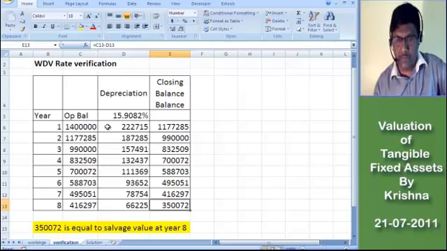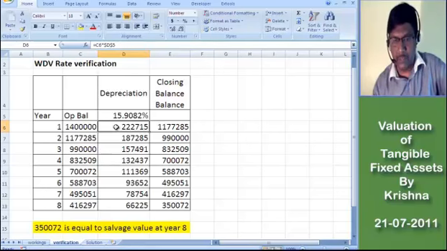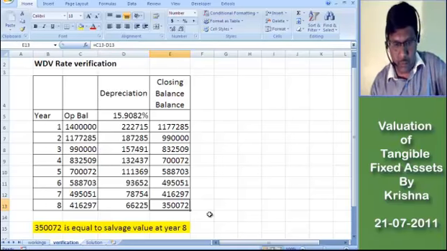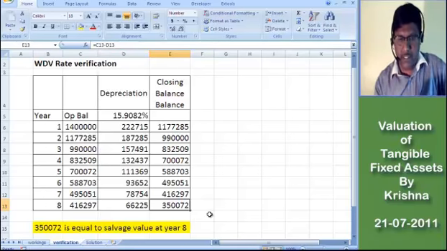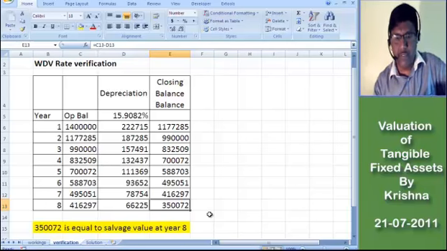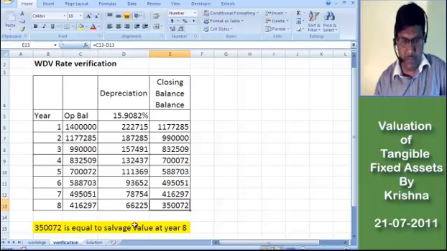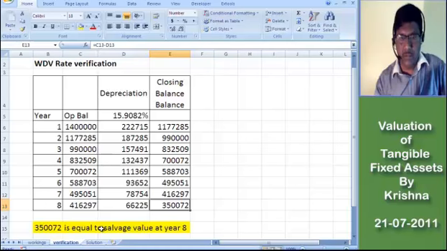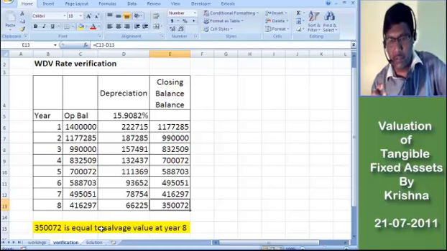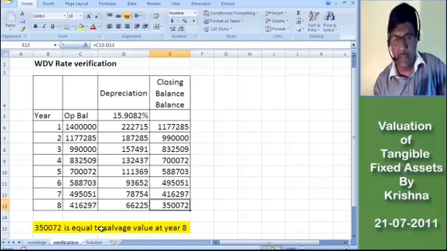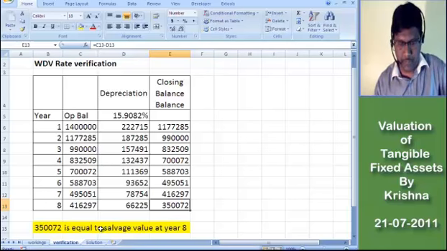I am going to apply 15.9082 as the WDV depreciation. At the end of the 8th year, we are having 3,50,072. So if you round it up, it will be 3,50,000. This is equivalent to the salvage value which we are going to get at the end of year 8. So that rate, 15.9082%, is the correct rate for the WDV method.